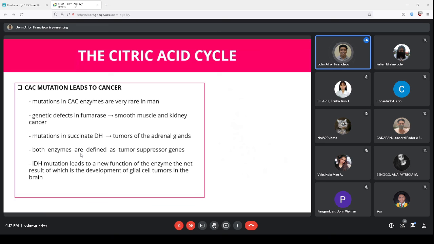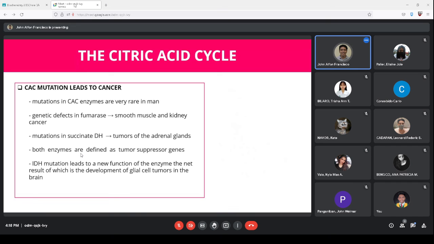This is reportedly very rare, the mutation within the CAC. But if someone has a mutation in the citric acid cycle, such as a genetic defect in fumarase, you can develop smooth muscle and kidney cancer.